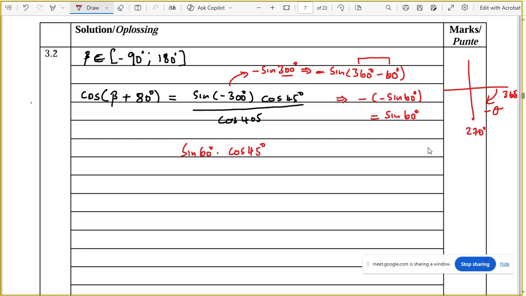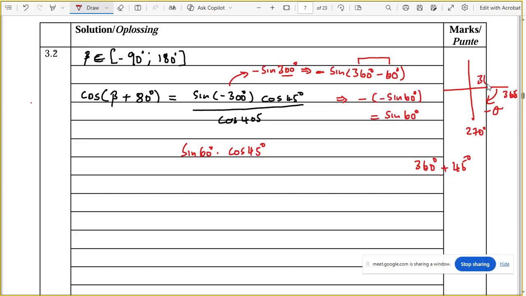Therefore, I need to work on reducing the cos 405. Remember, you check where is 405? That's quadrant 1. Because if I say 360 degrees, then what should I add to 360 to get 405? I should add 45, which is quadrant 1.